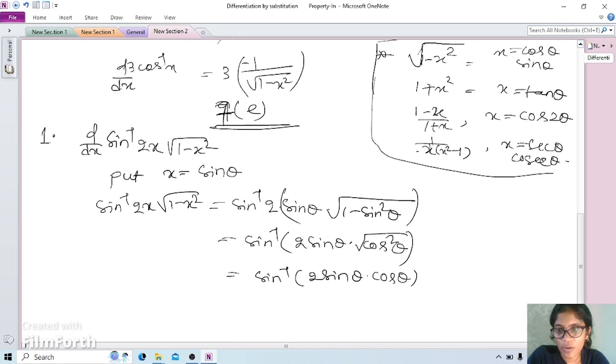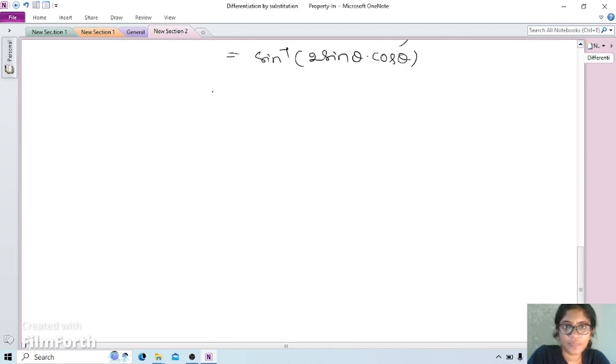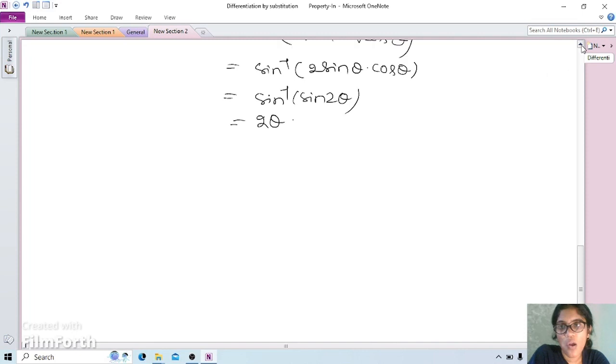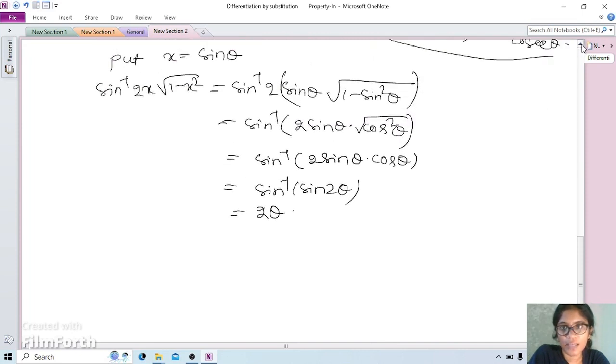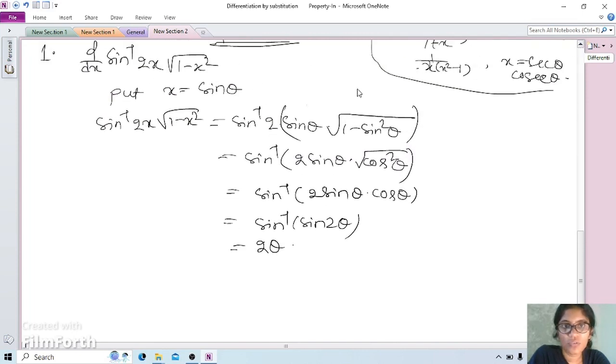We know the formula of sin 2A, so this is sin inverse sin 2 theta, which is converted to 2 theta.